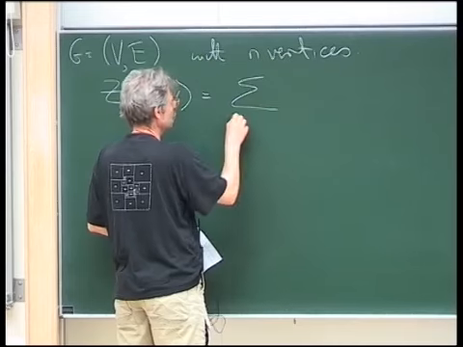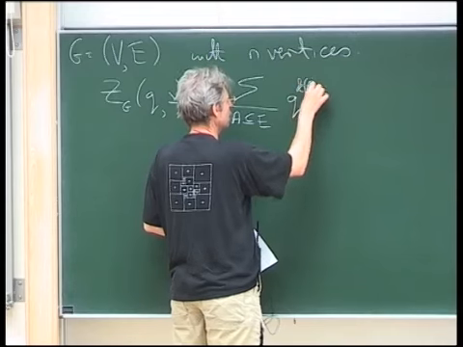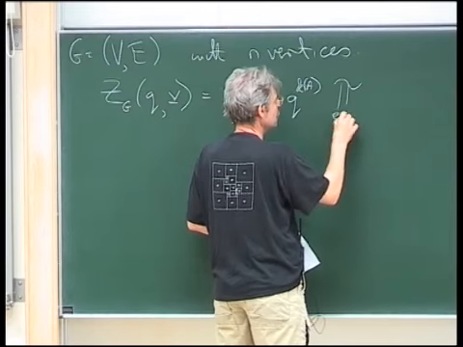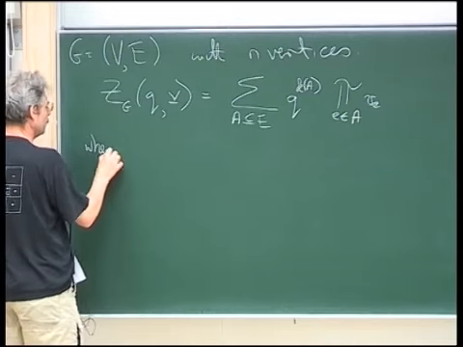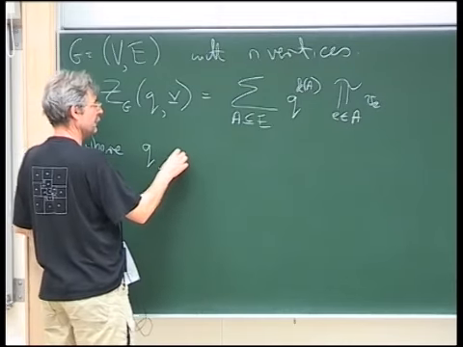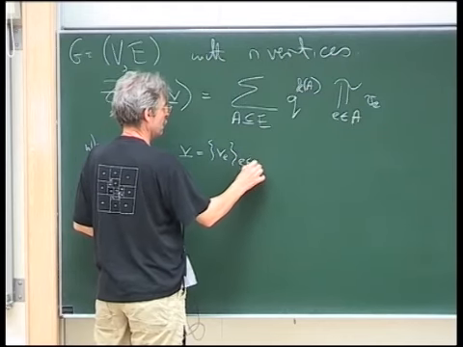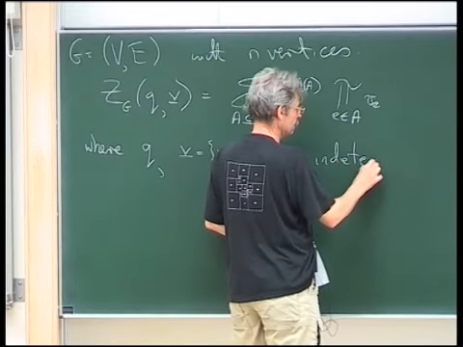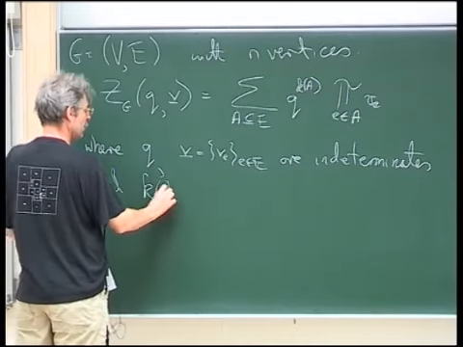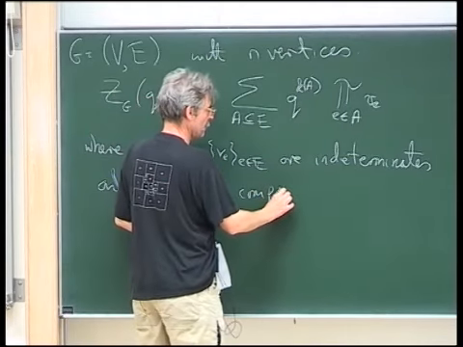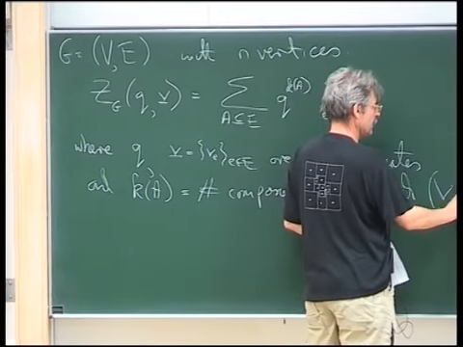So it's the sum over all subsets A of the edge set E of q to the k(A) times the product over e in A of v_e, where q and v, which is a set of edge weights, are indeterminates, and k(A) is the number of components in the subgraph with vertex set V and edge set A.